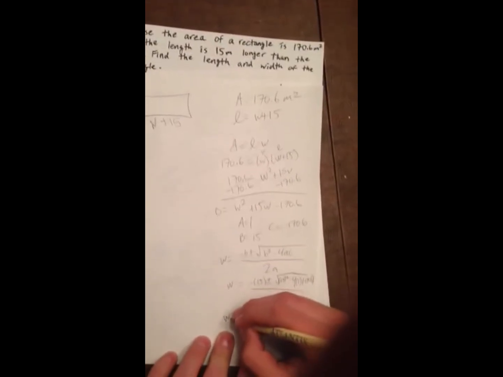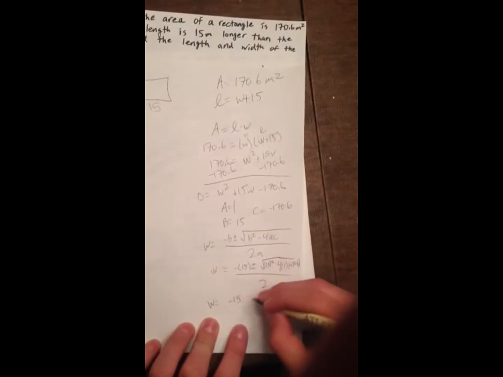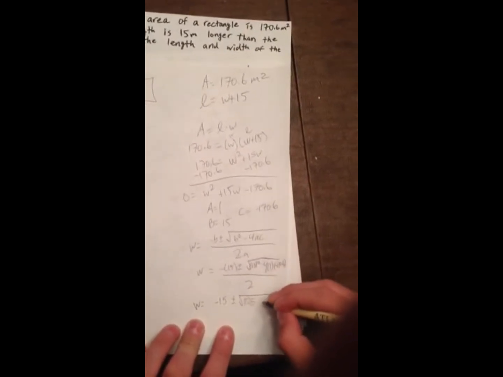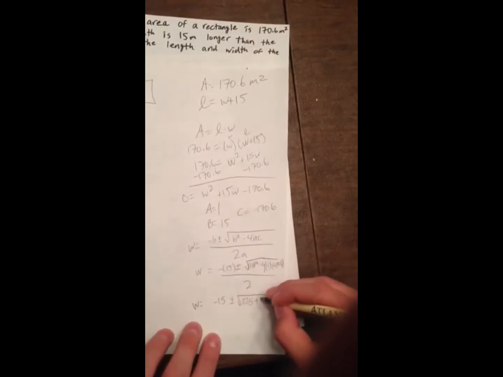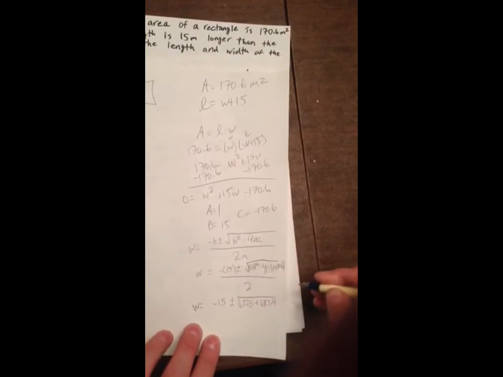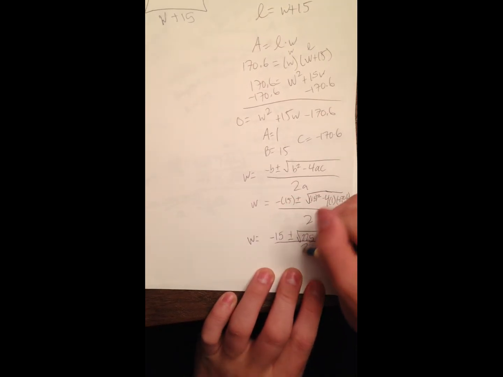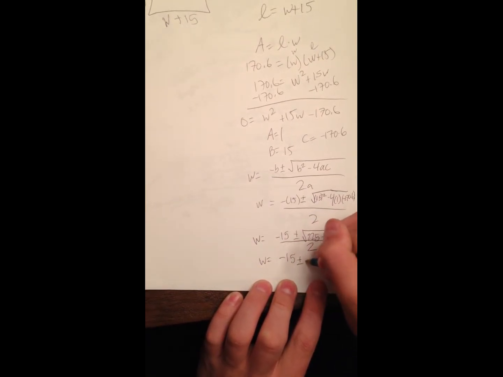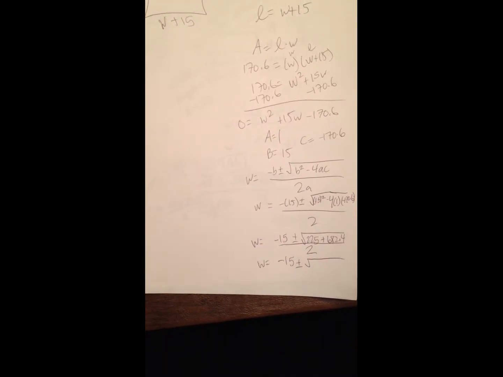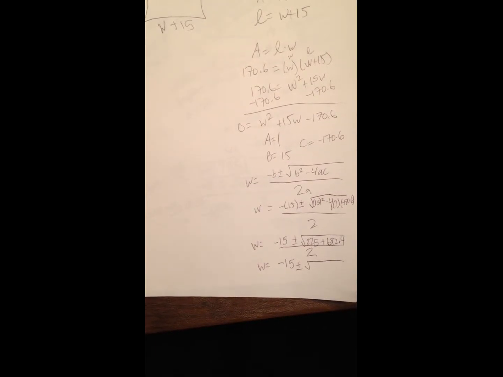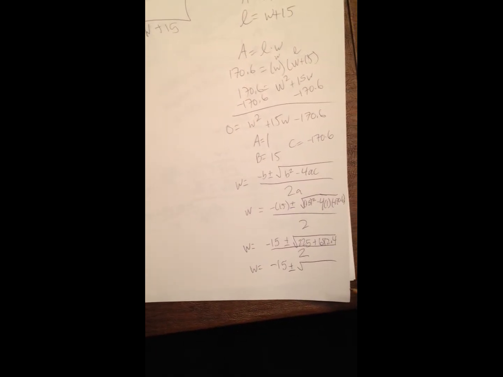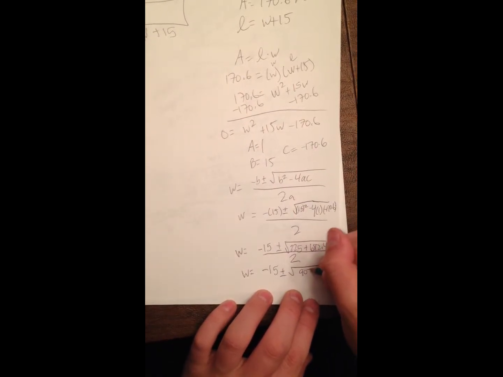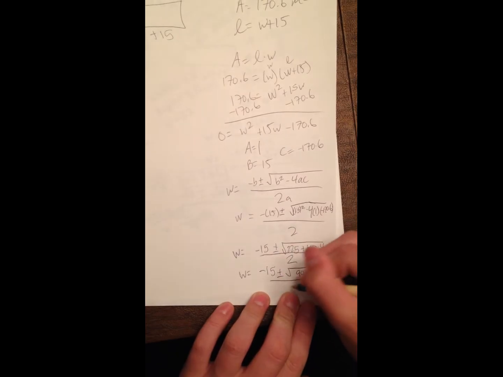So now we got W equals negative 15 plus or minus the square root of 225 plus 682.4 divided by 2. So 225 plus 682.4 equals 907.4 divided by 2.